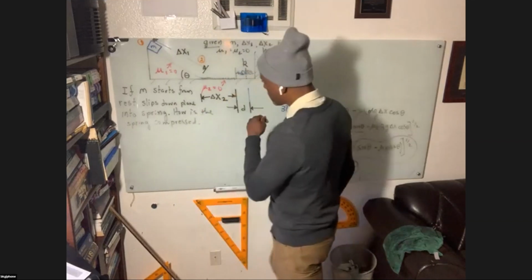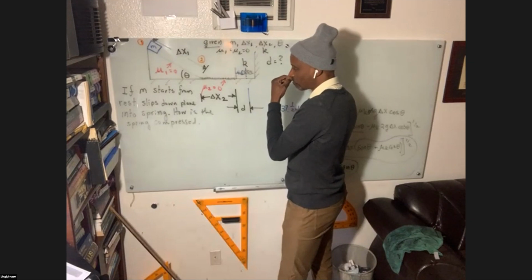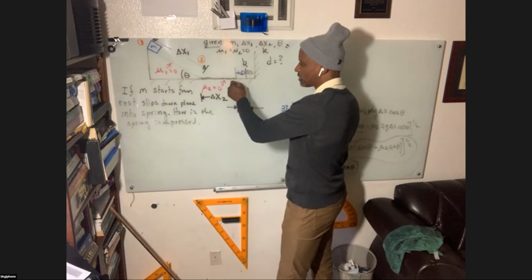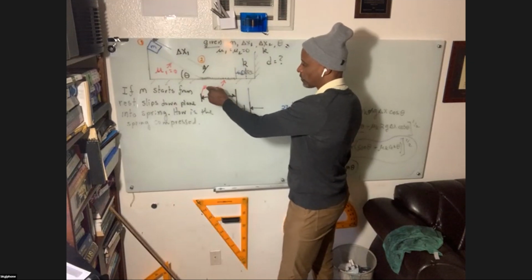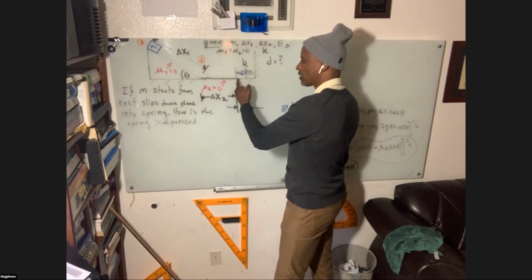Now here, since there's no friction there, you can see that basically the energy is not going to change. If there were friction here, a coefficient of friction, it would take energy out of the system. So whatever velocity it has here would be different here.